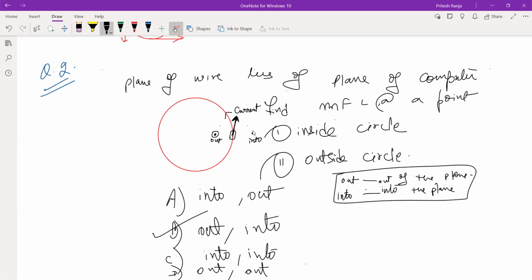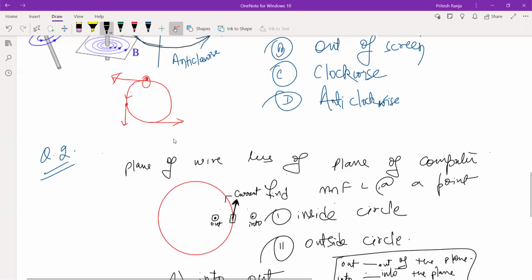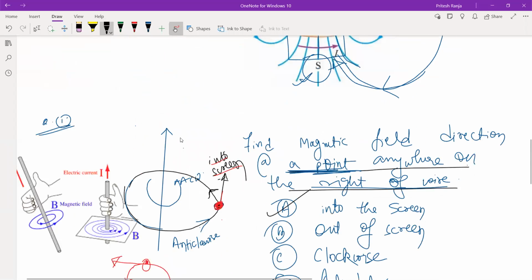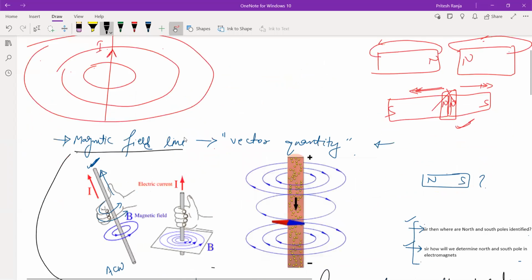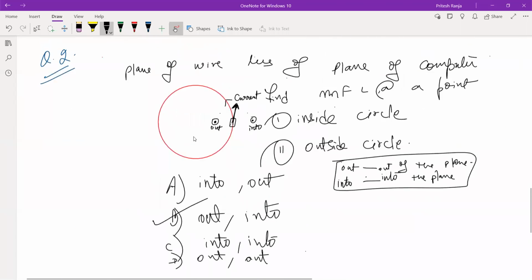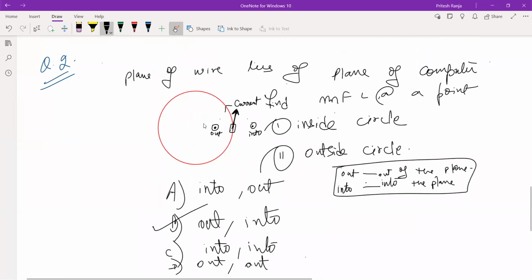Related to the direction, I'll do one thing. I'll add a video for this so that you all are sure, क्योंकि ये हमने वैसे भी लास्ट पार्ट में स्टार्ट किया था. So I'll add a video जिसमें you all will clearly be able to understand into and out of what we actually mean by them.